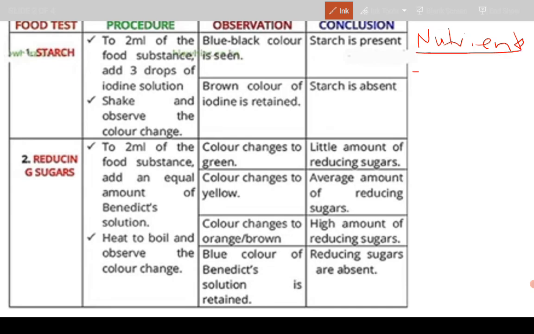Food nutrients include carbohydrates, or in short called carbs, proteins, fats and oils. Fats and oils together are called the lipids.